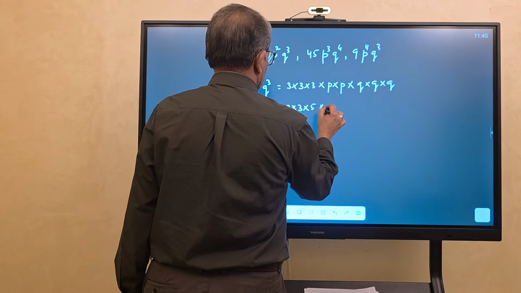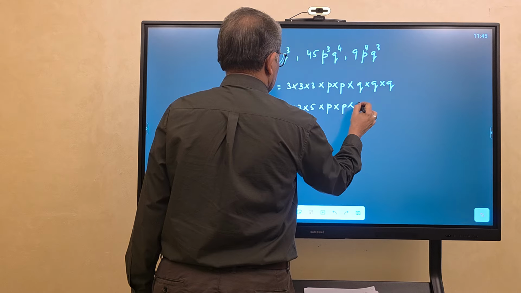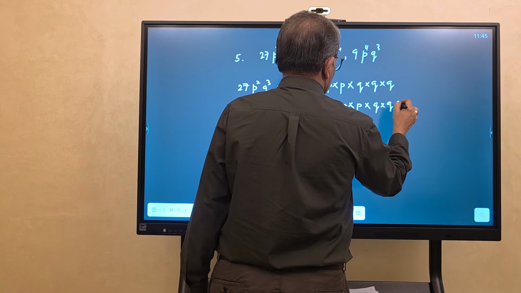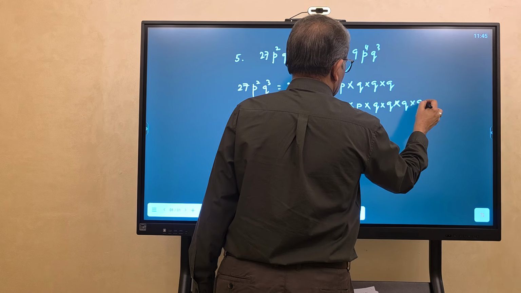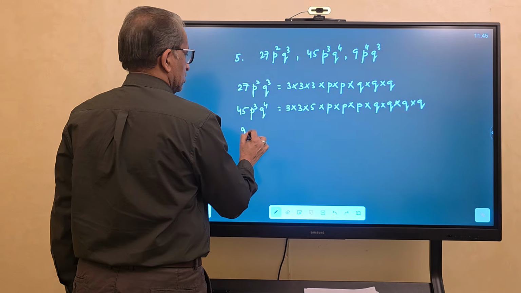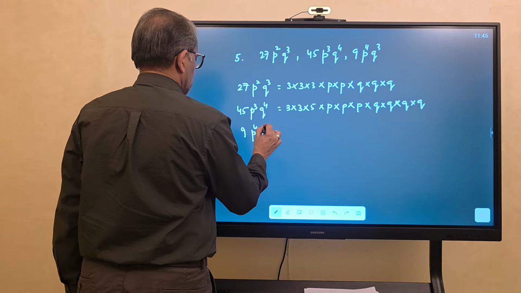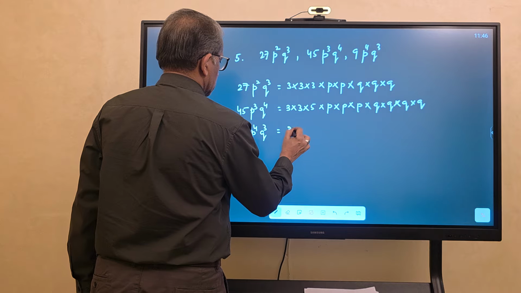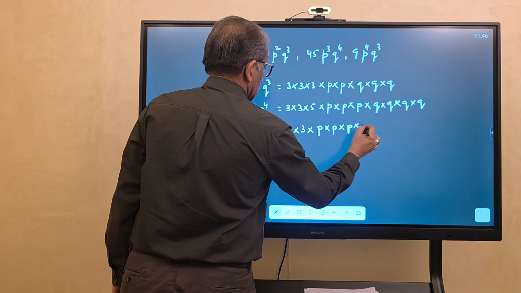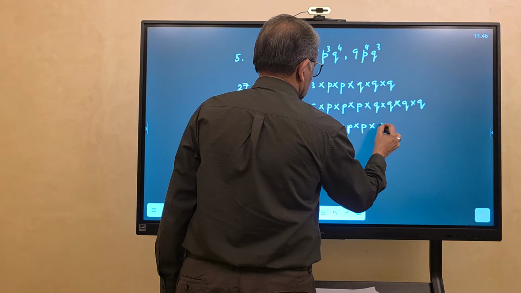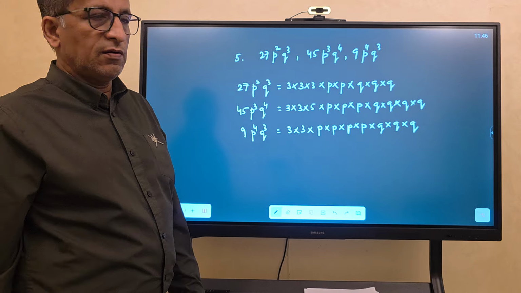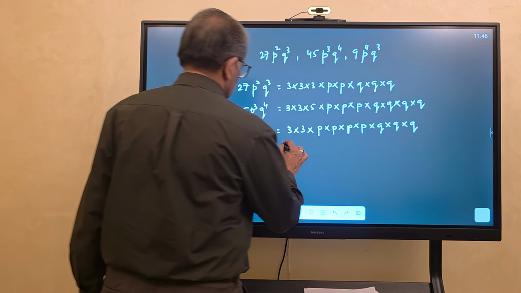Then P3, P into P into P. Then Q4, Q 4 times. Coming to the next one. 9P4Q3. 9 is 3 into 3, P 4 times and Q 3 times. So I found the factors of all the 3 monomials.